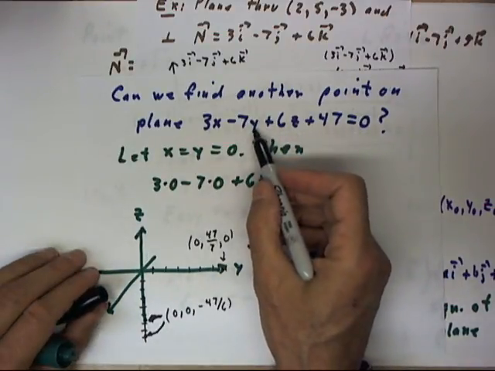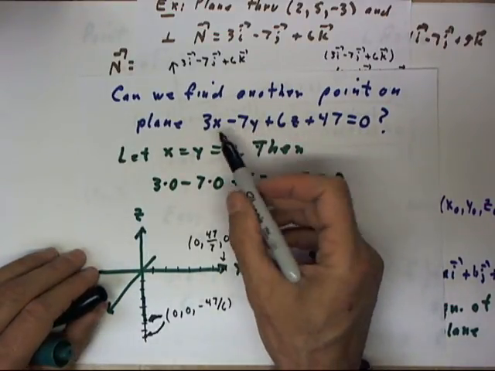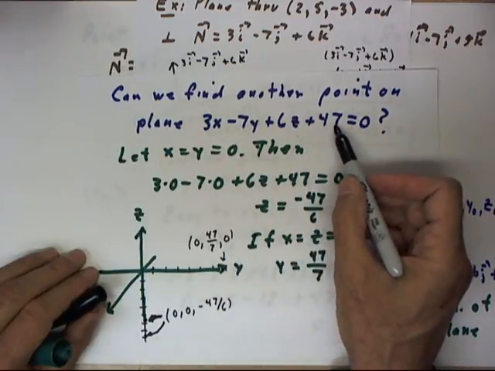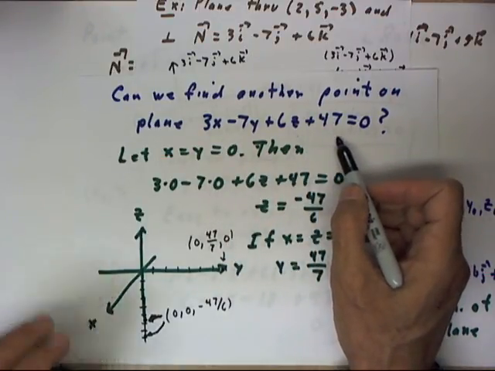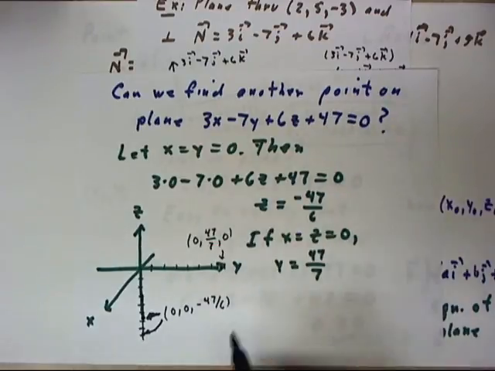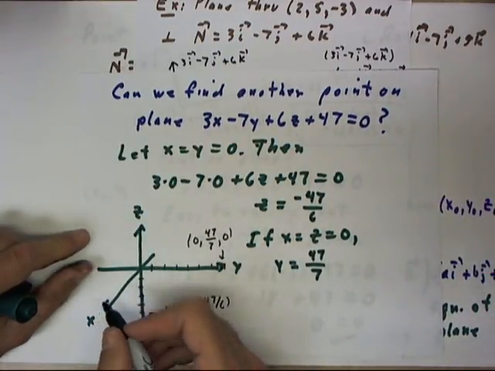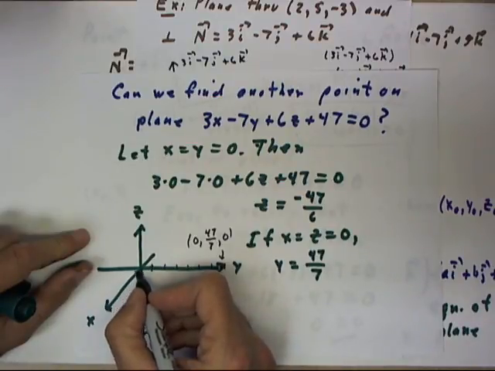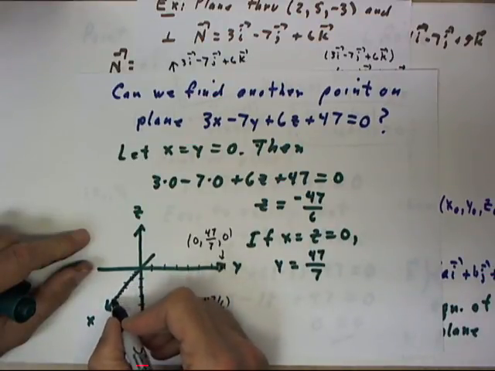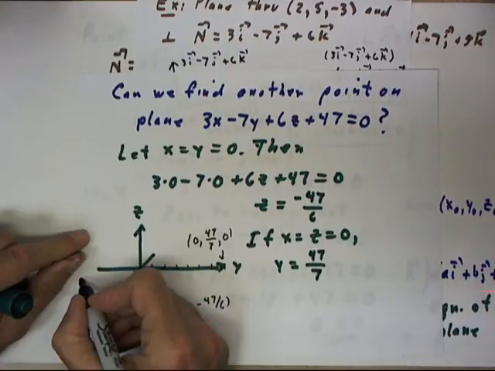Similarly, if we let y and z both be 0, we would find that x is negative 47 thirds, which is almost 16. We might have to use a slightly different scale on the x-axis here. We'd have to come out 16 units, and I'm not going to try to draw all 16 units.